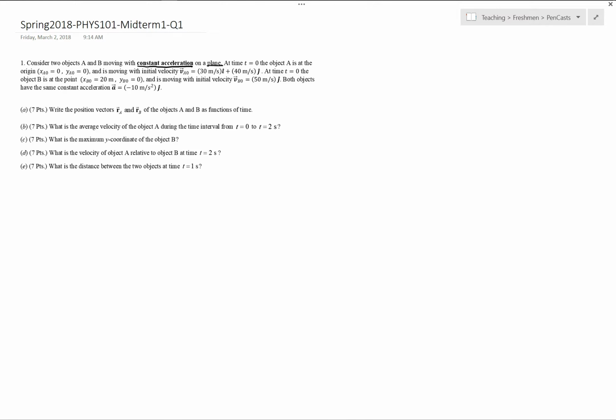So let's start with the properties of A. At time t equals 0, it's at the origin. And its initial velocity, VA0, is 30 i hat plus 40 j hat meters per second.